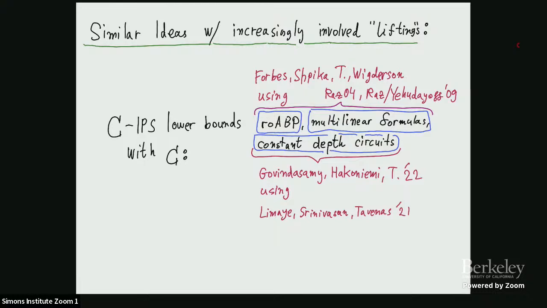And this is a new paper with Govindasamy and Hakoniemi. We use the Limaye, Srinivasan, and Tavenas lower bound to get constant depth circuit IPS lower bounds, with the caveat that the polynomial in the IPS is actually multilinear for some technical reasons.